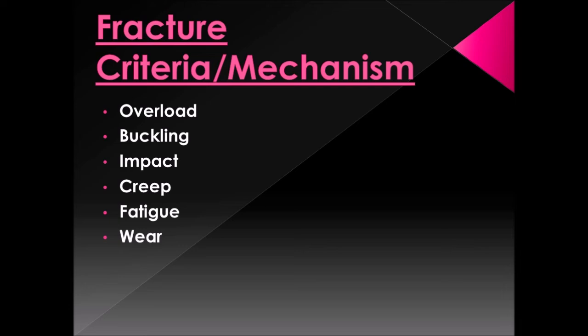Okay, it is clear now how overload, buckling, and impact work. So now what is creep? We have already studied that when we apply repetitive stresses, a point is reached when the bone fractures or ruptures because of prolonged loading.